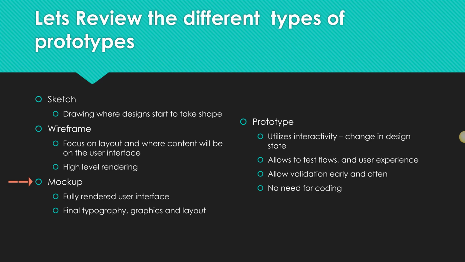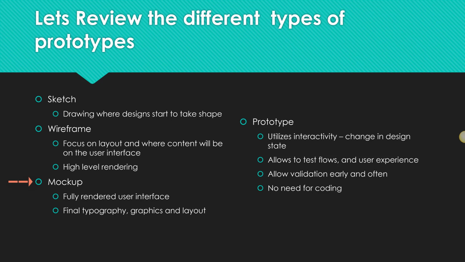We also now have mockups. Mockups are different from wireframes and sketches in that they are fully rendered for the interface. That means the type choices are the ones you're going to try and use in the app, so check to make sure you have the licensing for the typefaces. It means that your color choices are correct, and that the images you're going to be using are the images you're going to be using.